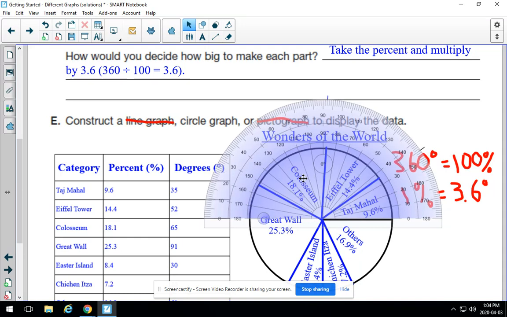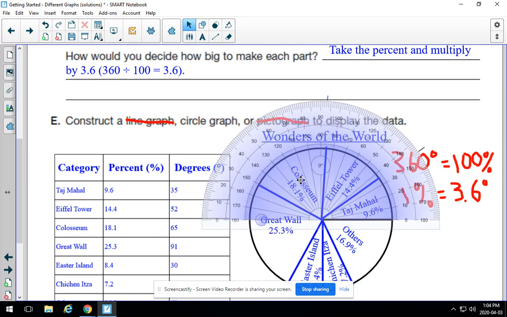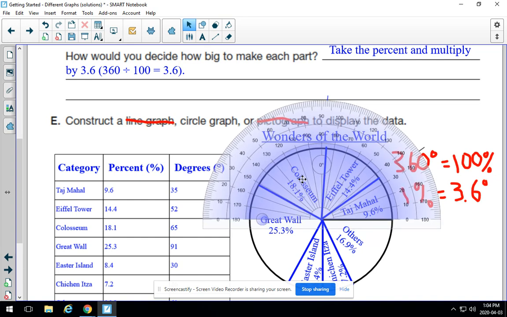Okay, you need the center of that protractor to be lined up with the center of your circle, right? And then your 0 degrees lined up with the first line that you're going to draw. You're going to draw a radius from the center of the circle to the outside. And then from there, you're just going to measure each angle going around.